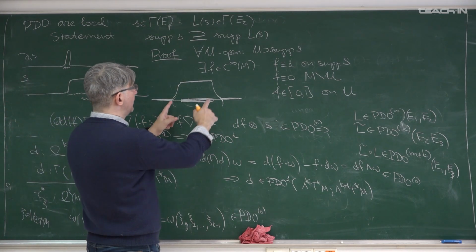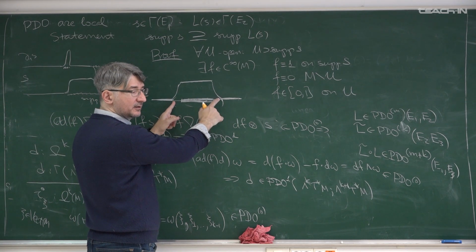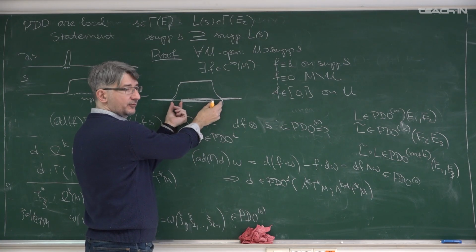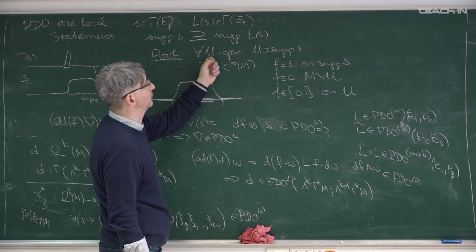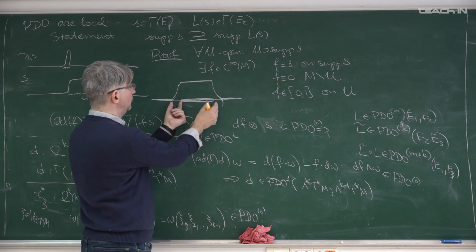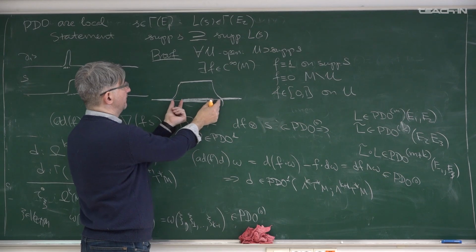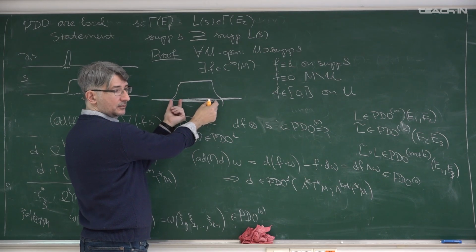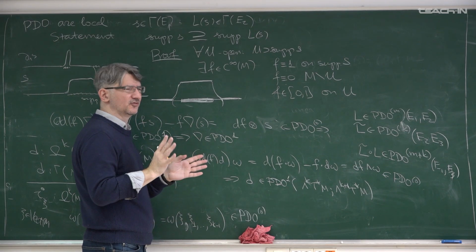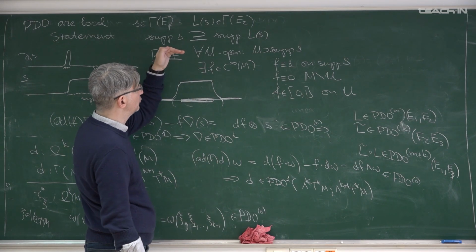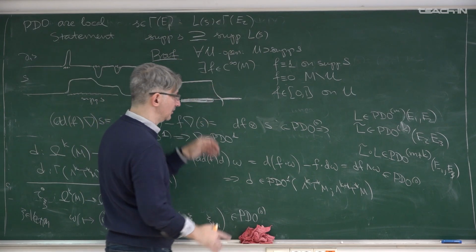This cut can be done arbitrarily small, because this function exists for any open set which contains the support. You can imagine this gap is sufficiently small, but we do not use that. We just consider the case that U is any open set. It is enough for us.